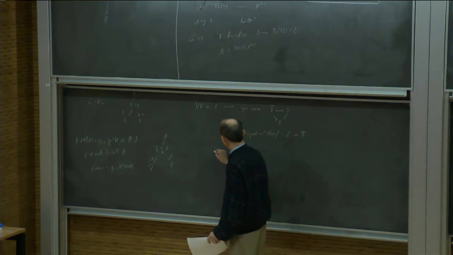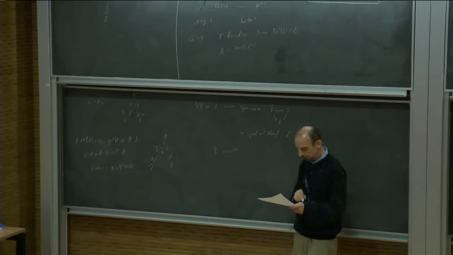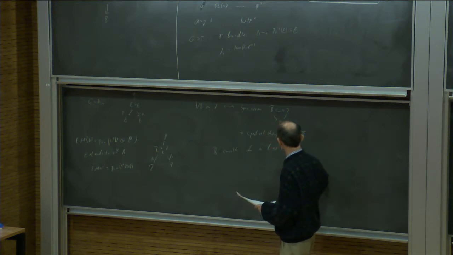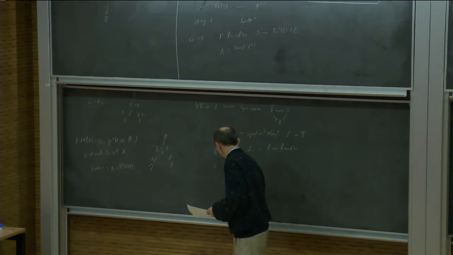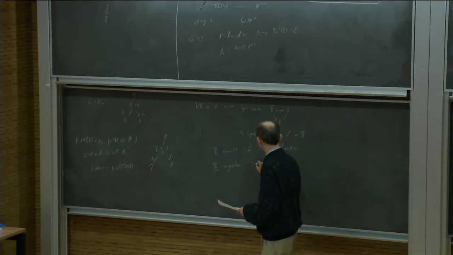So in the case that B tilde, the cover, is smooth, L had better be a line bundle. If B tilde is allowed to be singular, then L could be a line bundle, or it could be a little more general.